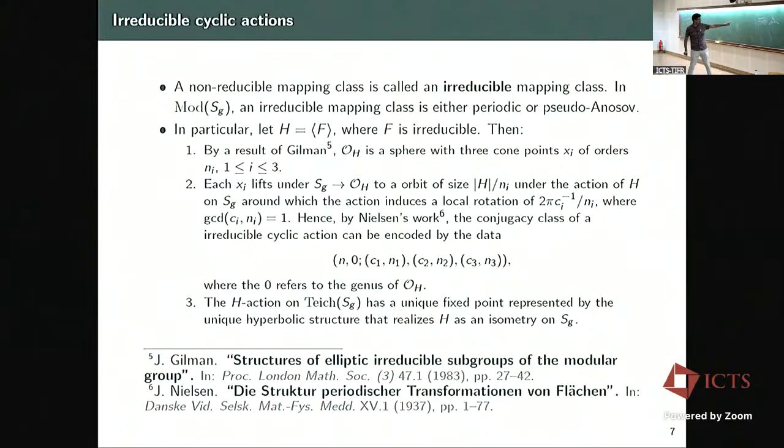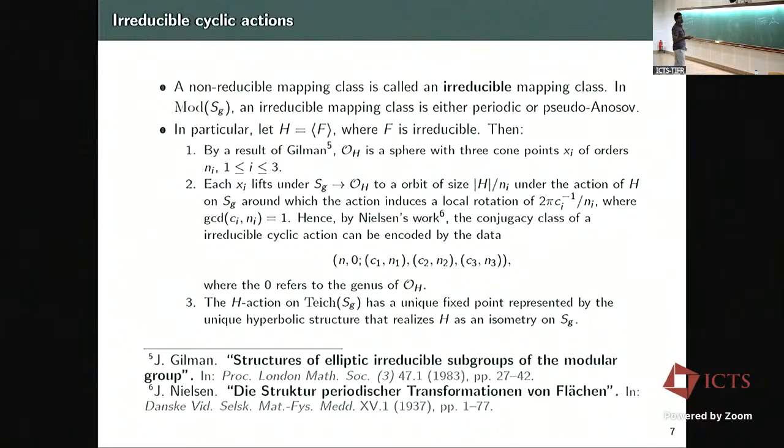And this orbifold signature information, together with that geometric information, captures that action up to conjugacy. This is a result of Nielsen. So basically, you can see here this simple data that I have associated to this action. N1, N2, N3 are the orders of the cone points, and C1, C2, C3 are the geometric information concerning the rotations around the orbits when you lift the cone points under the branched cover.